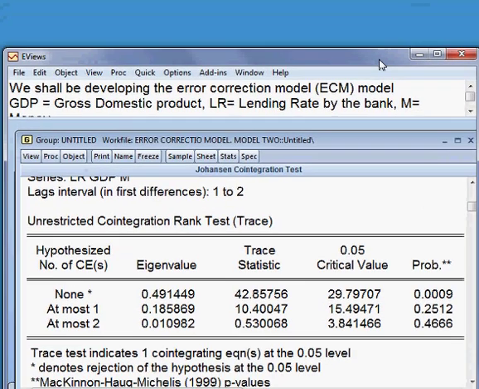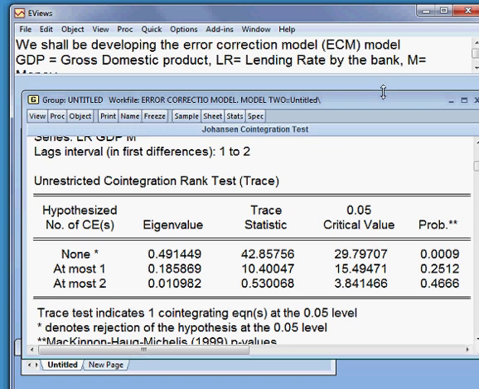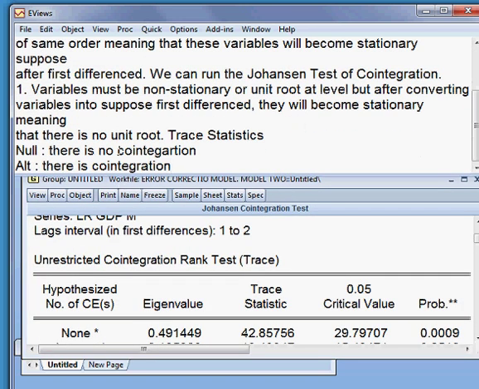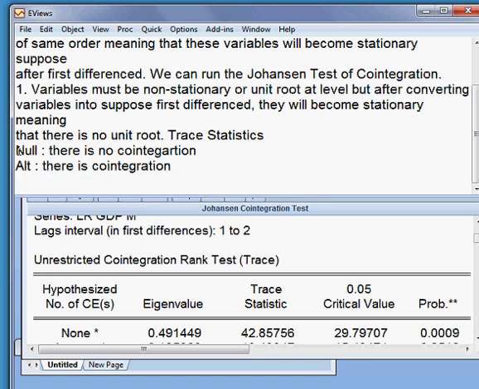I come back to that place again. So then there is no co-integration. That is the null hypothesis. And the alternative is that there is co-integration among variables.